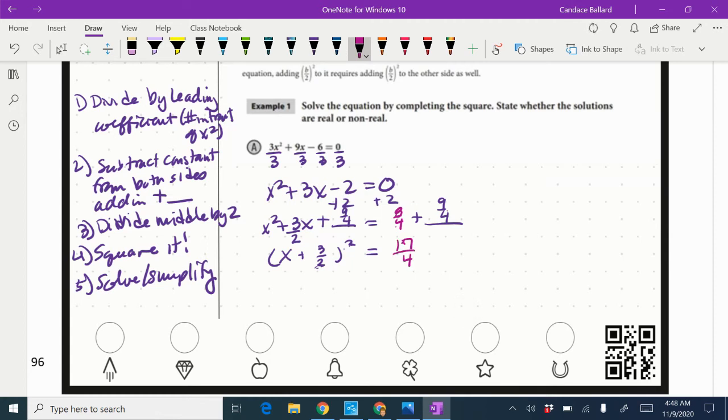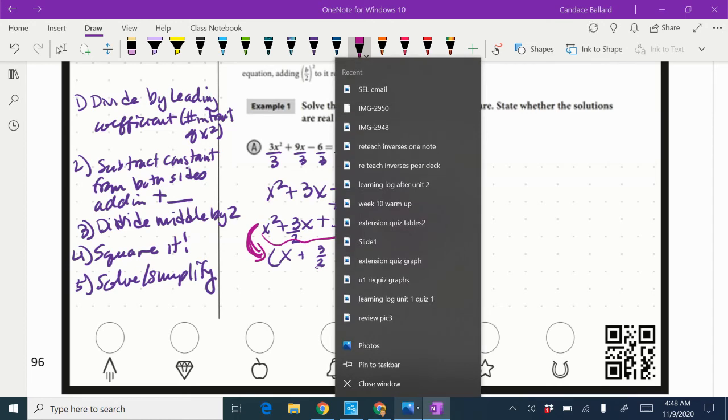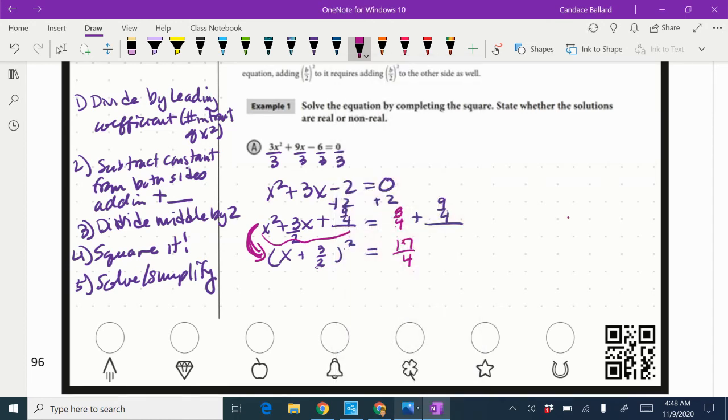All right, I'm going to pause on the problem for a minute and help you understand this piece right here and why I did what I did. So really to get from this line to the next line, what I really need to do is take this piece here and do a magic X. So I would need 2 numbers that multiply to 9/4 and add to 3. Well, that's ugly in this case.